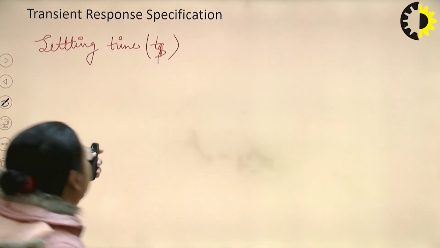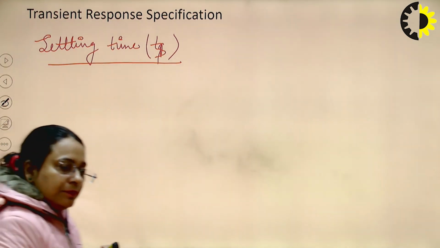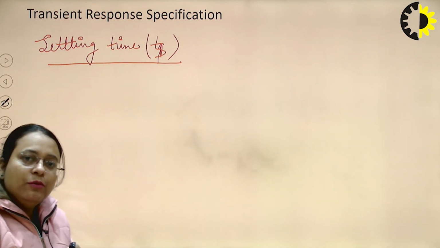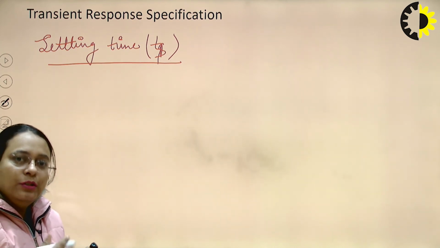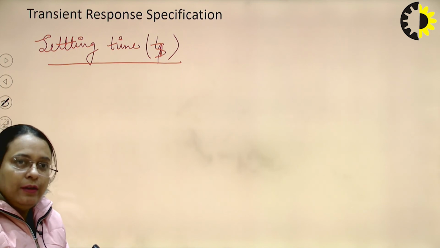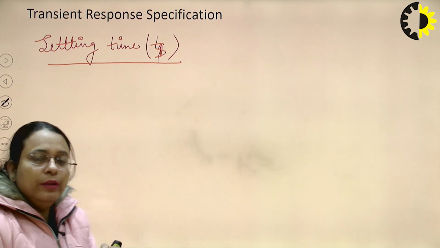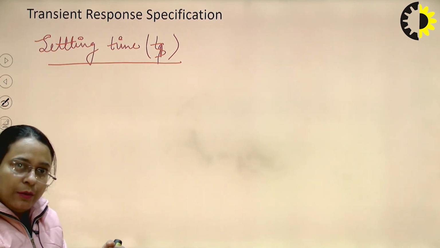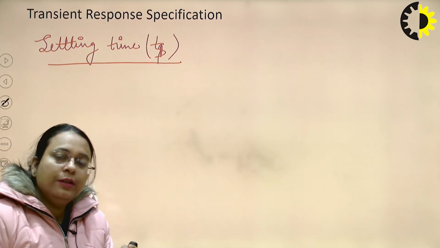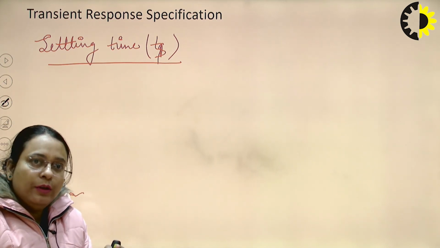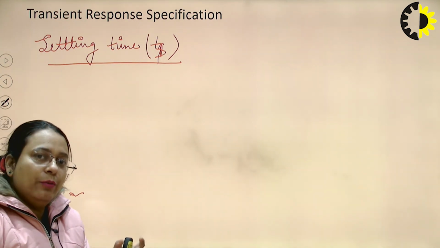Now coming to the settling time, okay? As we know, the time response of the second order system presents oscillations during its transient part, right? So the time required to settle down the aforesaid oscillations within 2% of the desired value of the output is called the settling time, with the time constant of 1 by zeta omega n, right?